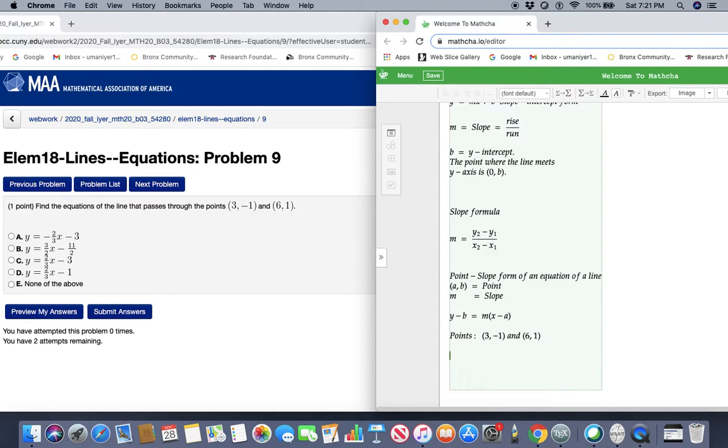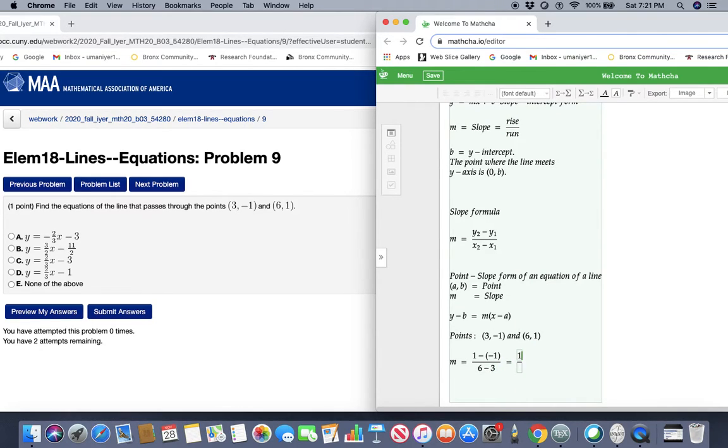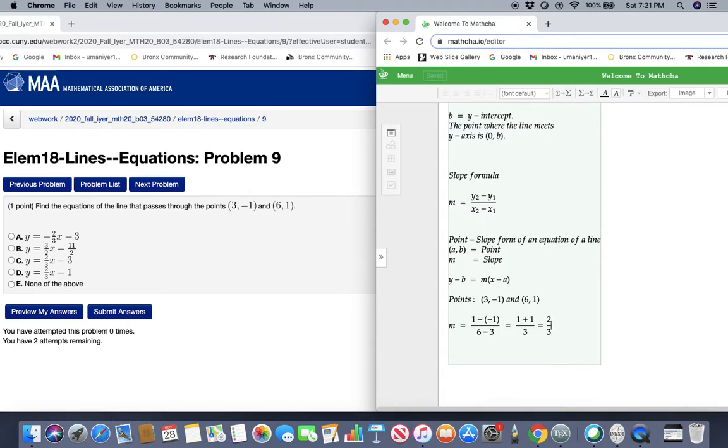So slope is y2 minus y1 over x2 minus x1. 1 minus -1, y2 minus y1 over x2 minus x1. Okay, so this is the fraction 1 plus 1 over 3. That's the fraction 2 over 3. So that's your slope.